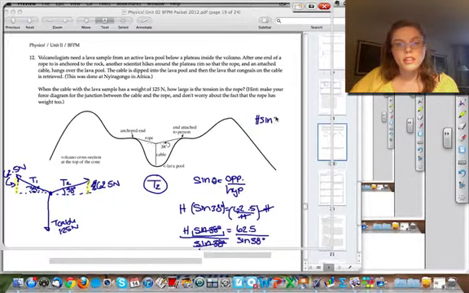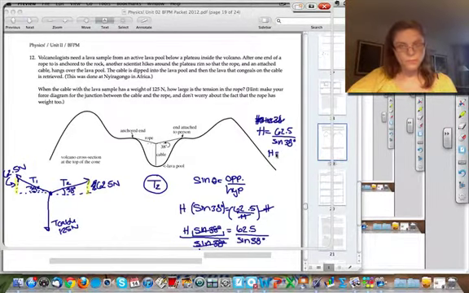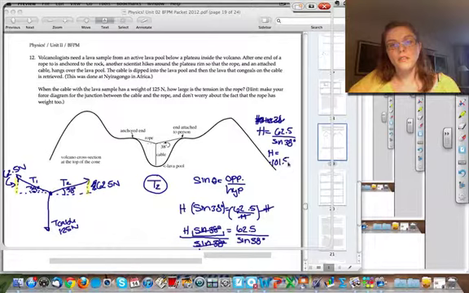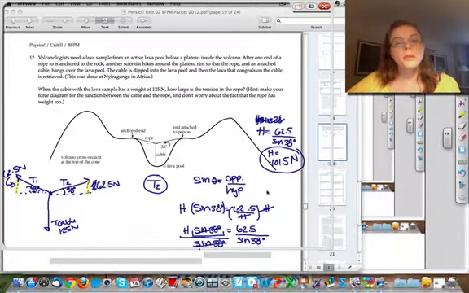H is equal to 62.5 divided by sine 38. So H, the hypotenuse, is equal to 101.5. So that's the tension in each rope.